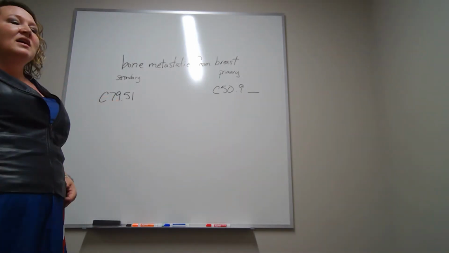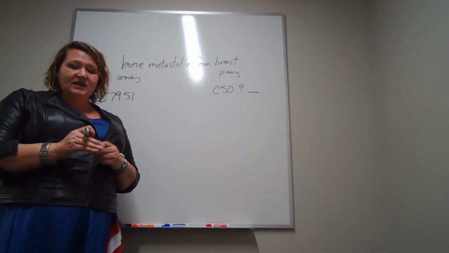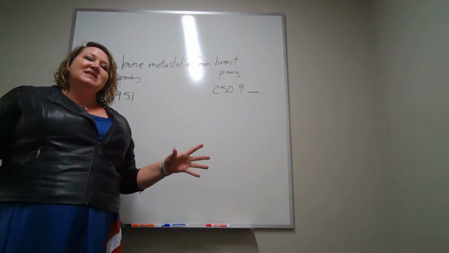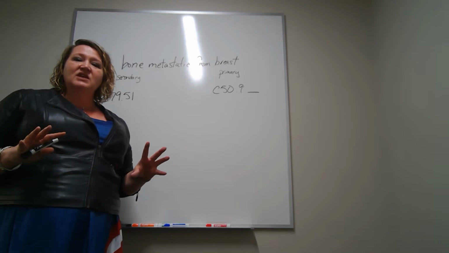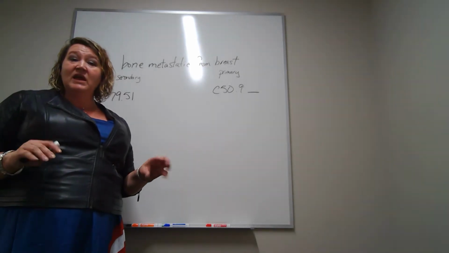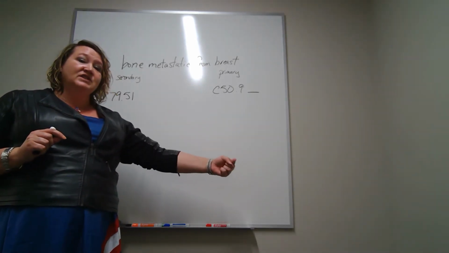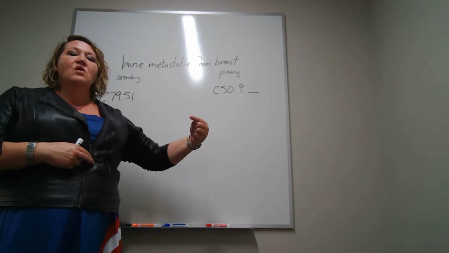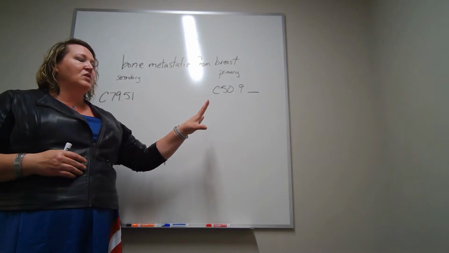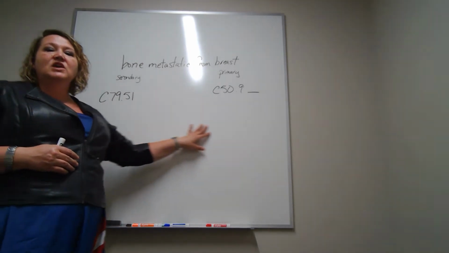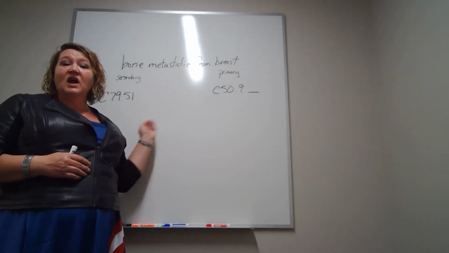Okay, so I've talked about treatment just then. When the patient comes in for chemotherapy or immunotherapy or radiation therapy, that's going to be why they're there today. So there are codes for chemo. There are codes for radiation therapy. So these would no longer be your first listed codes.